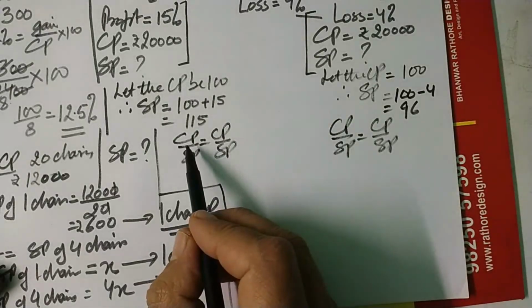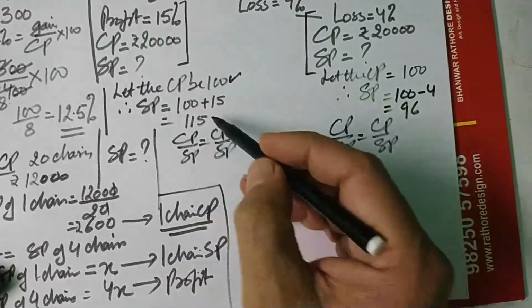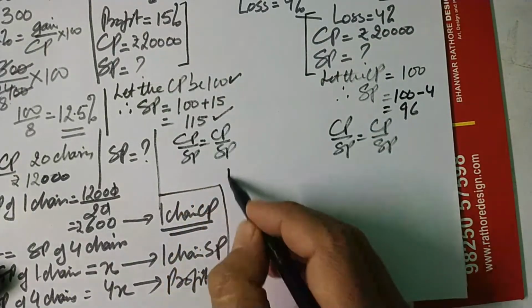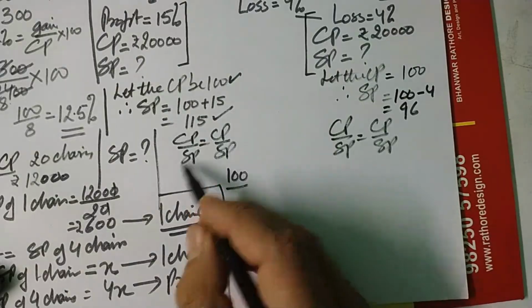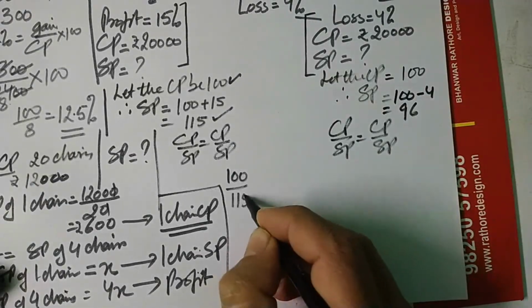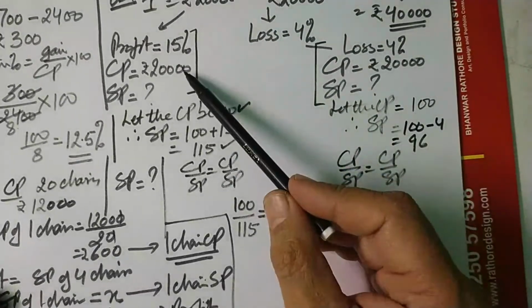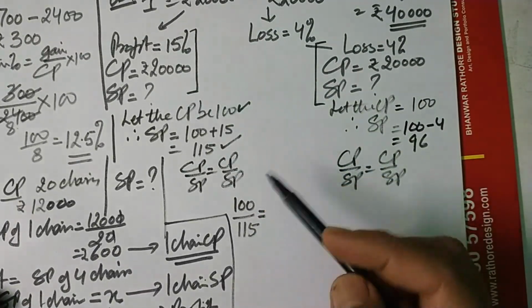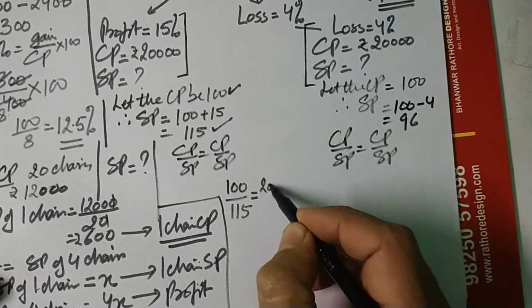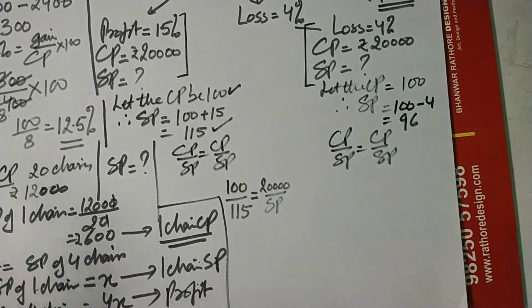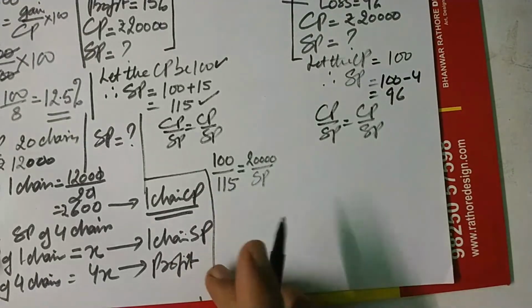Now CP will be this one, selling price will be this one. So I will write this CP is 100 and this selling price is 115. And on the right side I will use this CP, 20,000, upon selling price, which I have to find. Now cross multiply, you will get the answer.